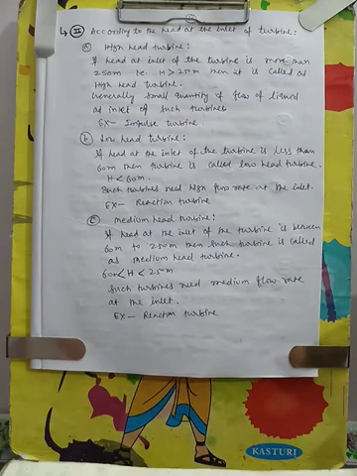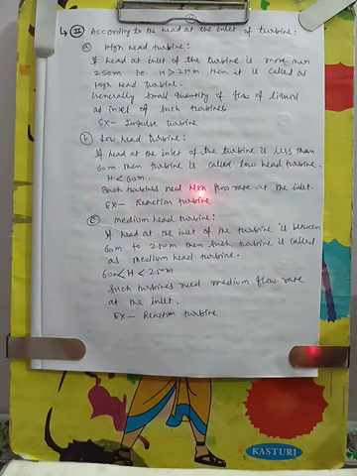Under this classification, other type is low head turbine. If head at inlet of the turbine is less than 60 meter, then such turbine is called low head turbine. In turbines with low head, the flow rate of water or jet at the inlet is very high.